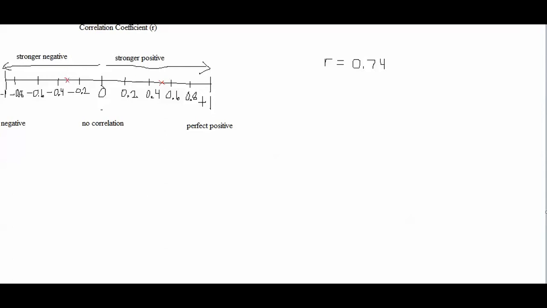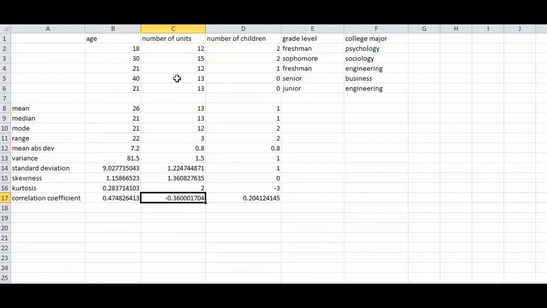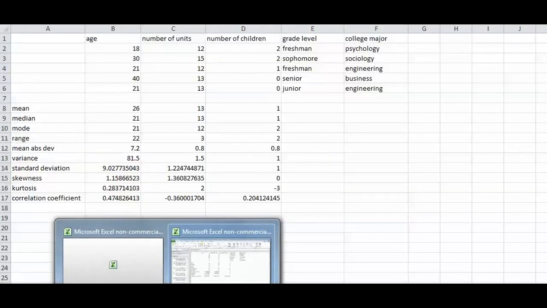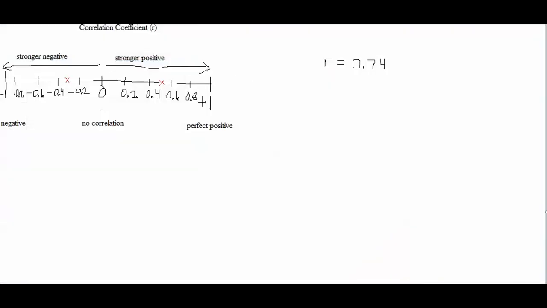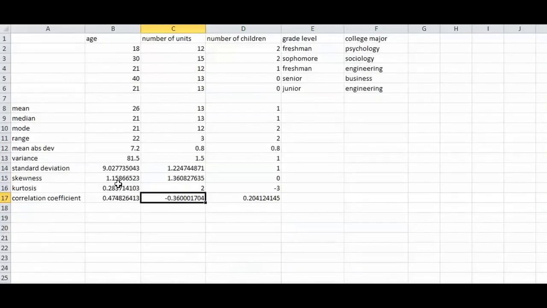And the correlation coefficient for number of units and number of children was 0.20, which is about right here. 0.2 is the same thing as 0.20. So let's focus on these two positive correlations for a second. One of them was for age and number of units, and one was for units and children.